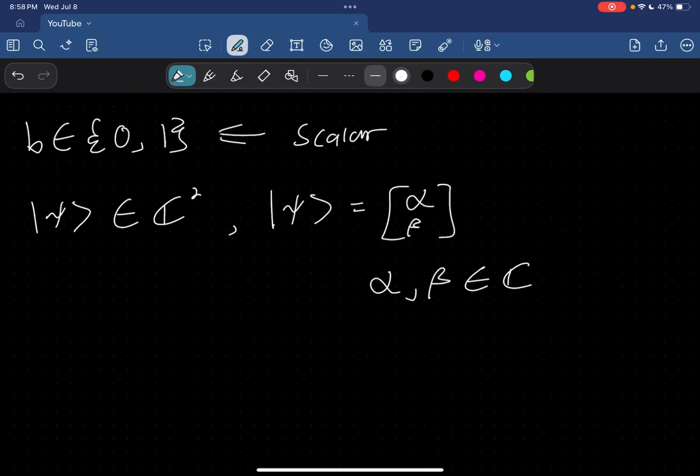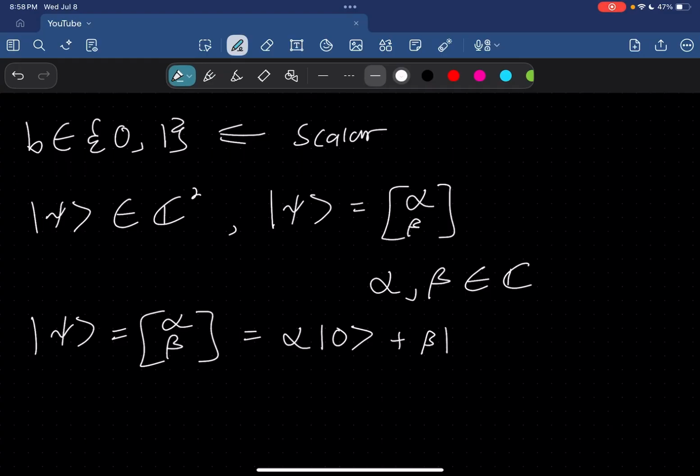To be more specific, if psi is equal to alpha and beta, this means that we have alpha times our first basis vector plus beta times our second basis vector.